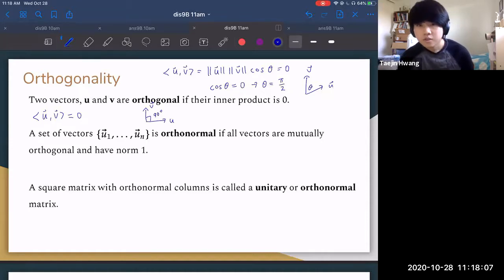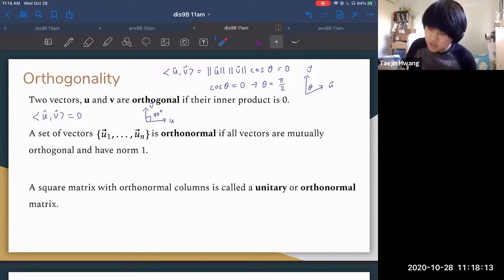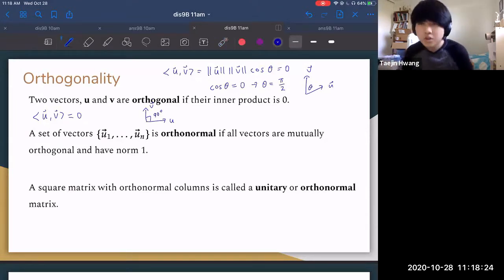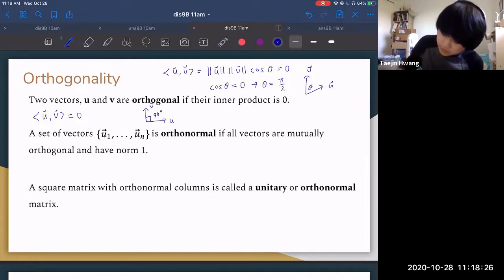And to extend the notion of orthogonality, we can say a set of vectors, u1 through un, are orthonormal if all of the vectors are mutually orthogonal and have norm 1. What this means is the inner product of ui and uj is equal to 0 if i is not equal to j.